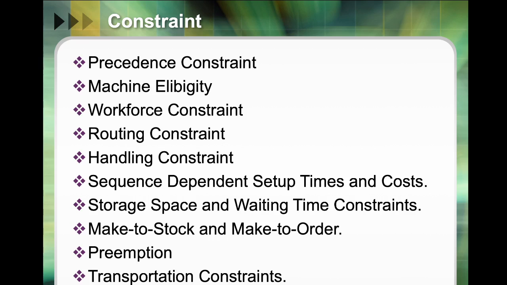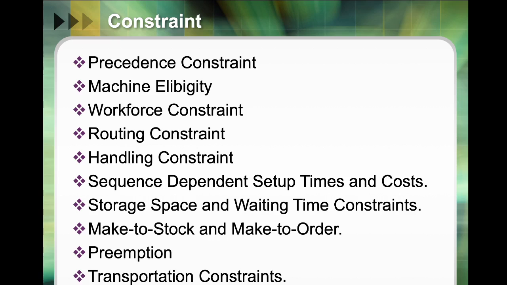And we also have make to stock and make to order. Usually these relate to strategy, and we usually do not really handle this kind of problem in scheduling and planning.